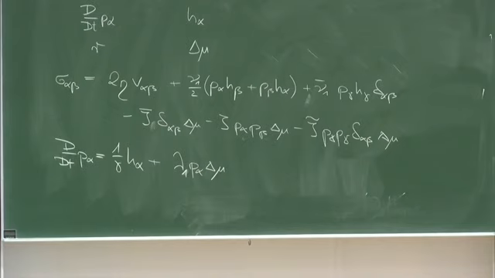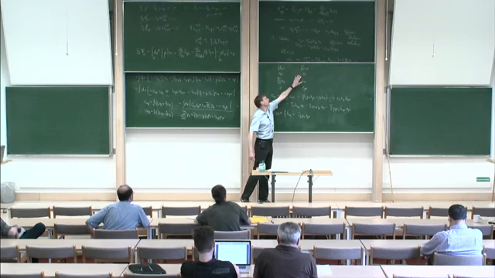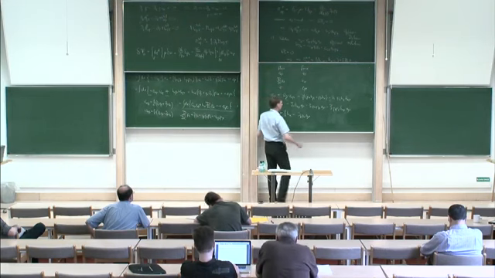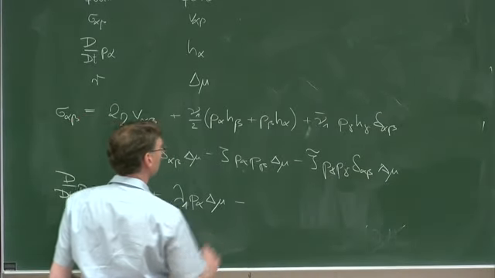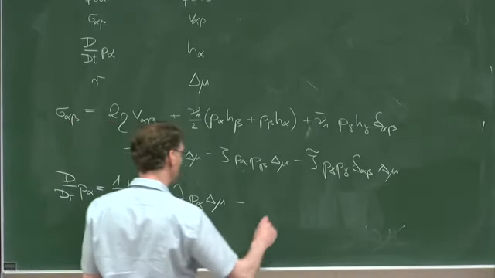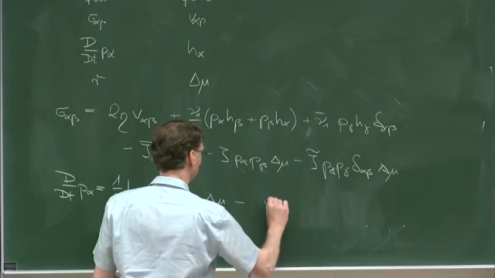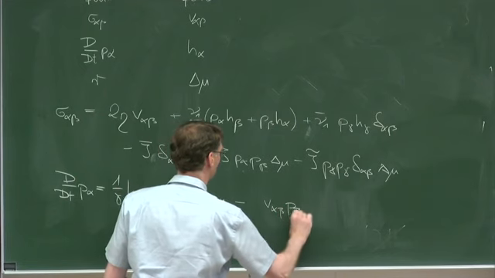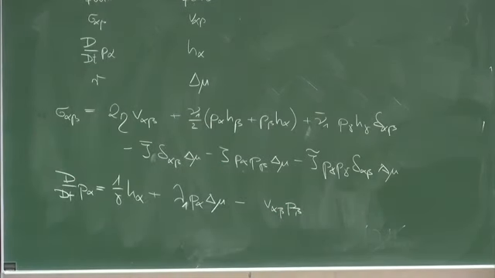Oh, that's it. And then I can still couple this one to the stresses here, to the velocity gradient tensor. So I can write down now a term that is v alpha beta p beta.